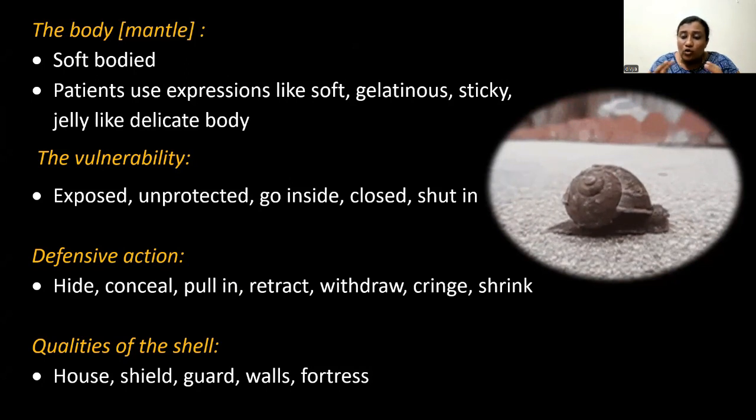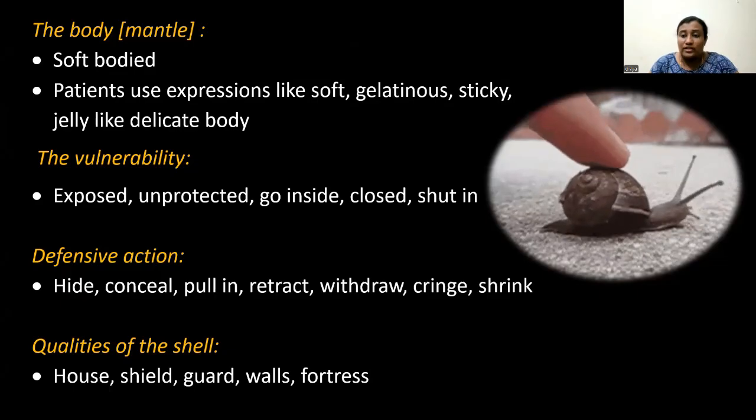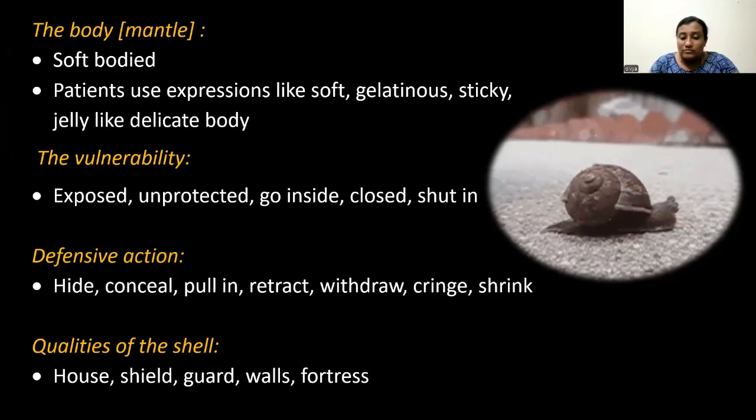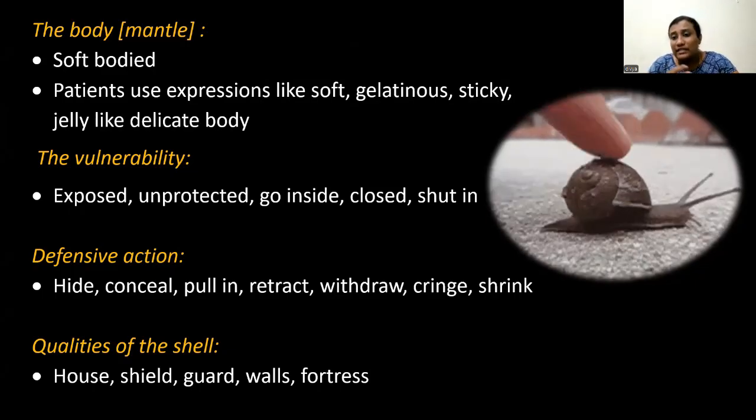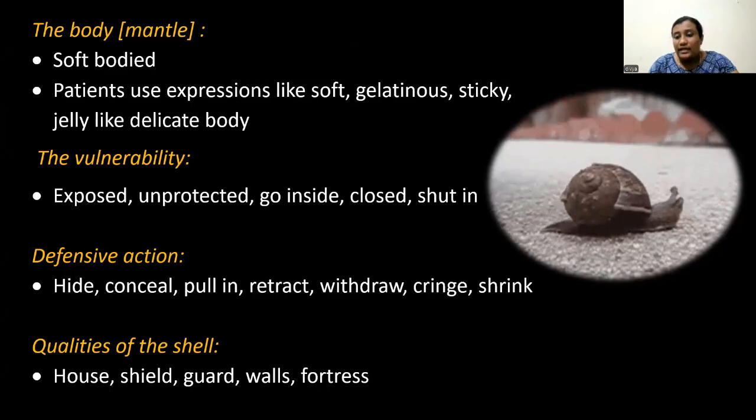And you will see the qualities of this shell, where the person speaks about protection, shield, wall, all those things. And these mollusk personalities generally don't mingle with others. They are introvert, shy, timid. They have fear of crowd.